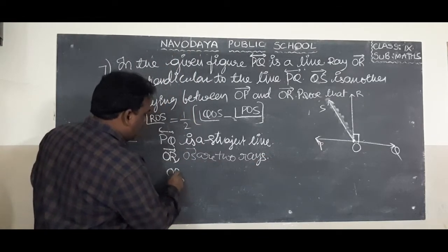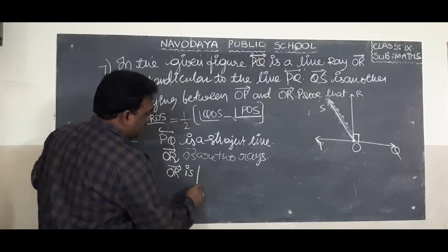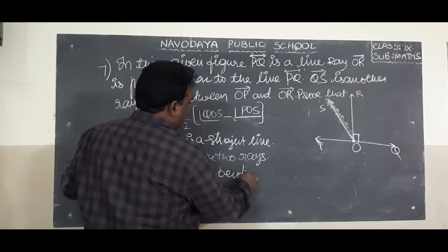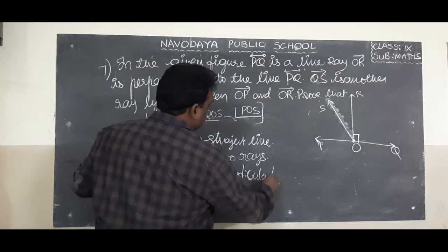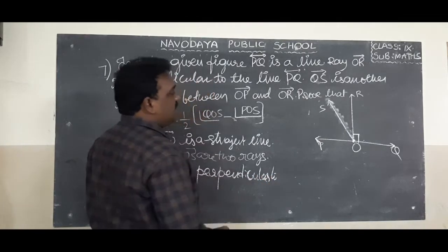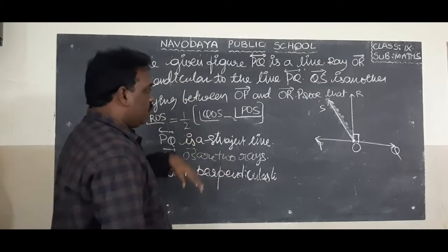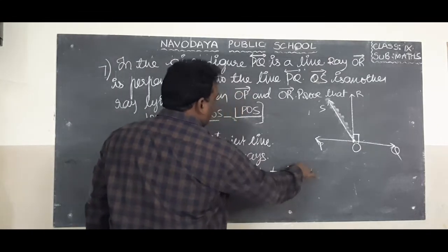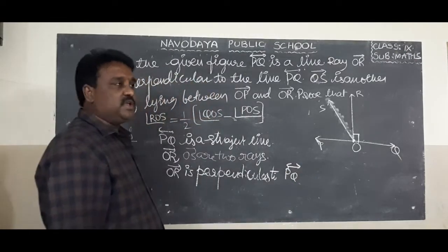Next, OR is perpendicular to PQ. Perpendicular means 90 degrees. OR is perpendicular to PQ.